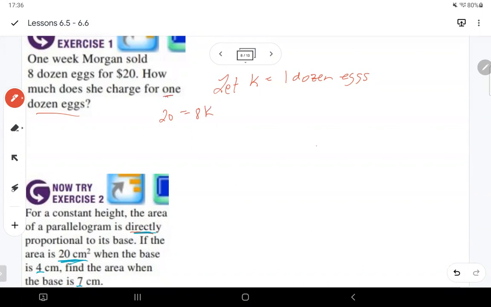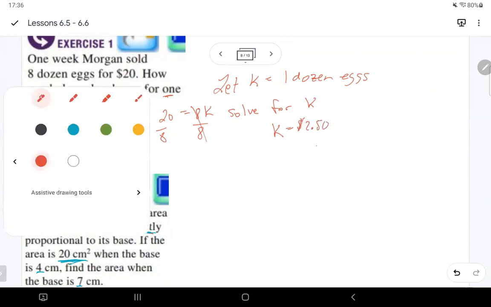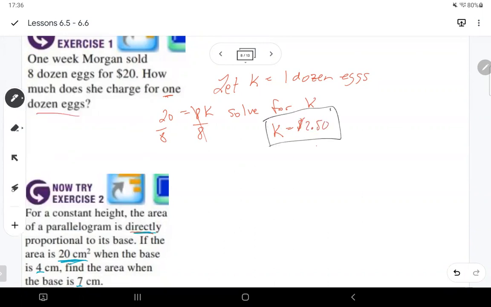So basically we want to solve for k. Morgan sells 1 dozen of eggs for $2.50.